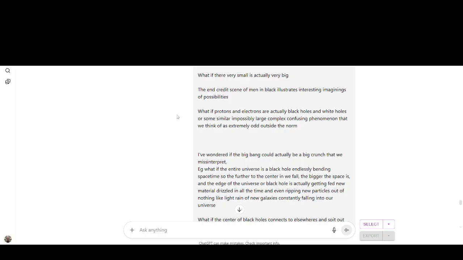But it's so weird that these little particles exist so uniformly, that every proton is exactly the same and every electron is exactly the same. That's incredibly weird. What if the thing that causes them to exist is something that kind of breaks reality? I don't know how to say this.